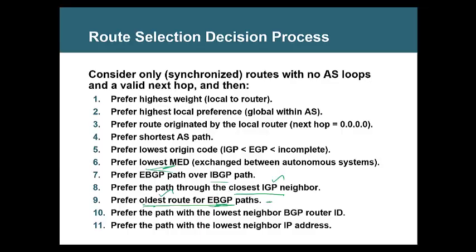There won't be a tie after this, in case there is a tie, then choose the neighbor whose router ID is lower. Even if there is a tie in this, there is no chance actually, in case, lowest neighbor IP address.